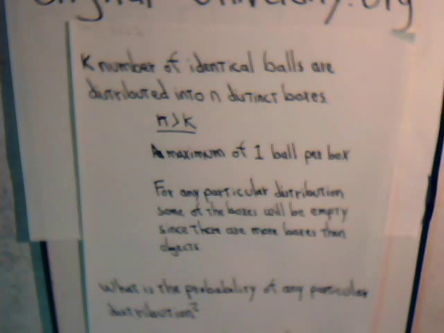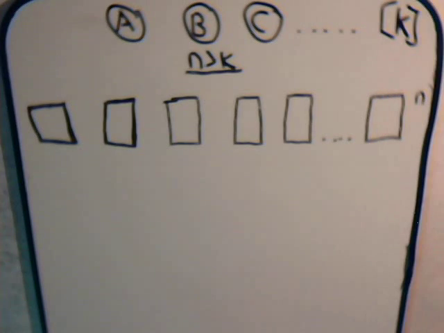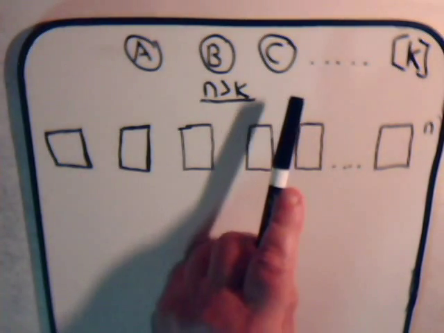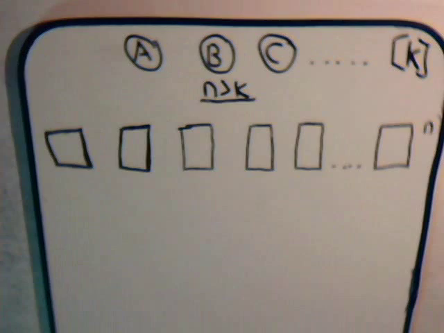So before we answer this question, let's consider first this kind of problem. Suppose that we have not identical objects, but k different objects, and n boxes, and we're going to put one object into each box.